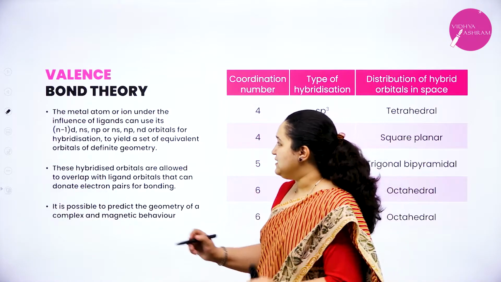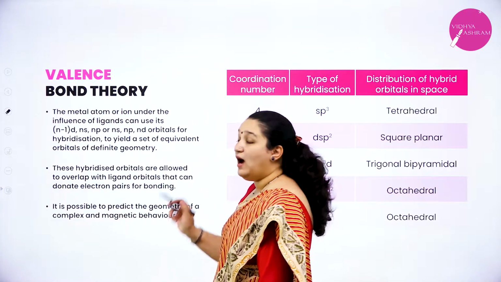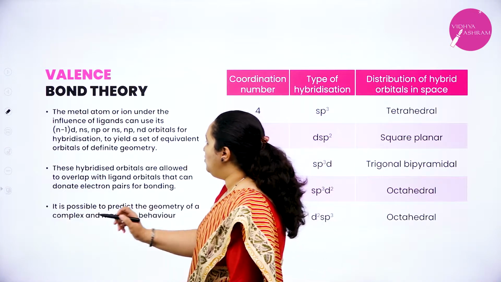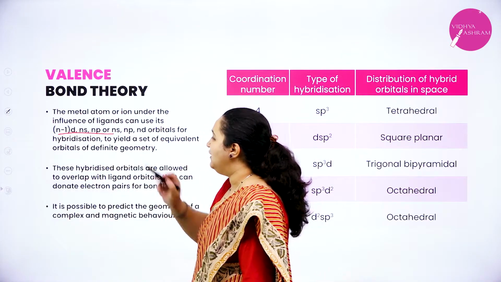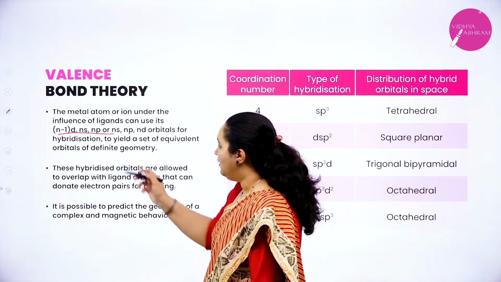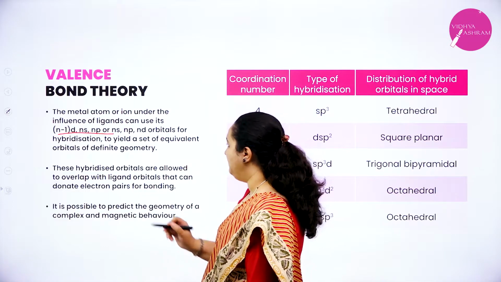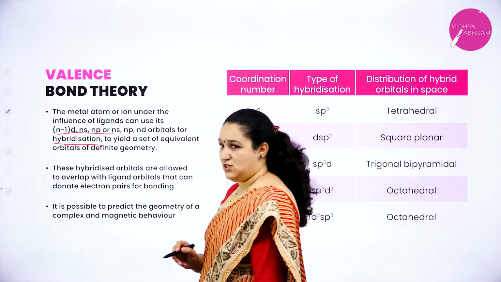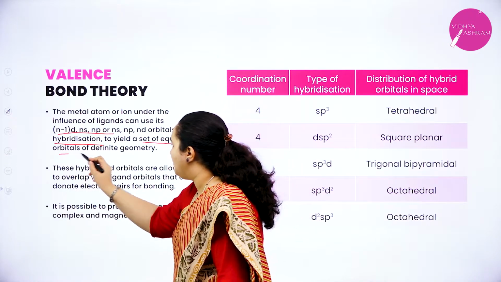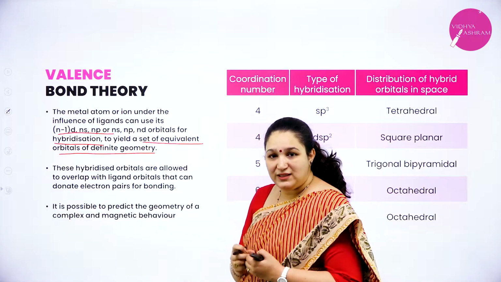Okay? That is, see here, the central metal atom or ion under the influence of ligand can use its n-1 d, ns, np or ns, np, nd orbitals for hybridization to yield a set of equivalent orbitals of definite geometry. So, what it told?